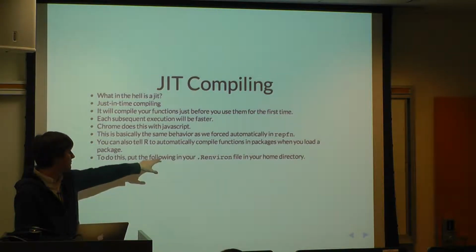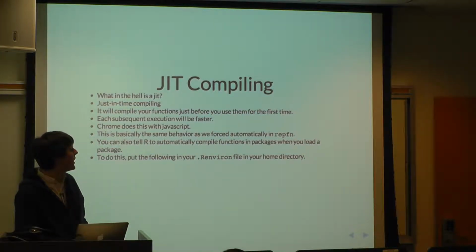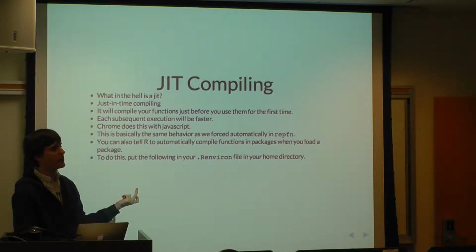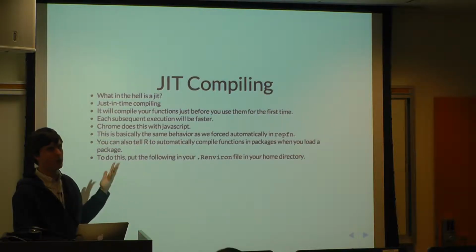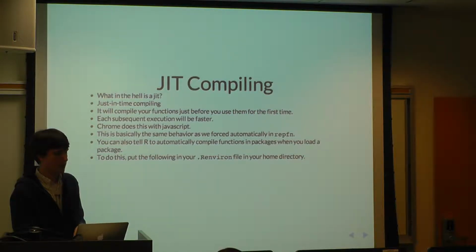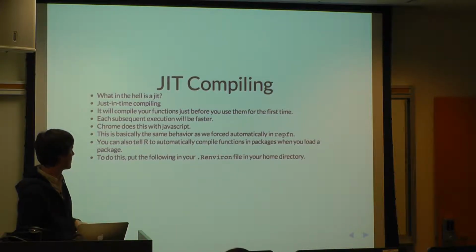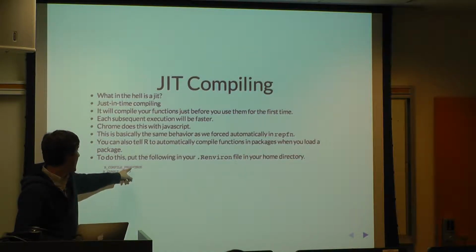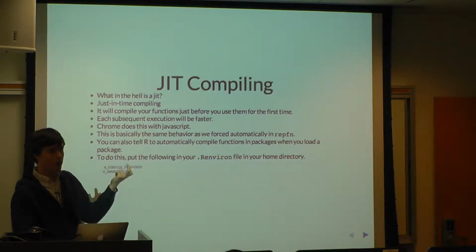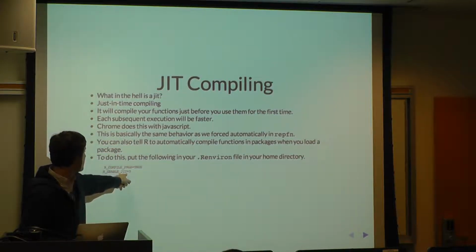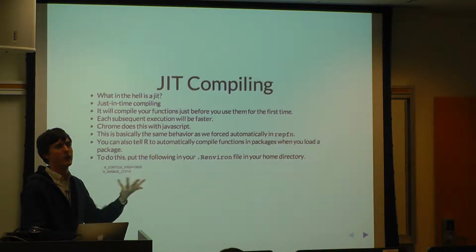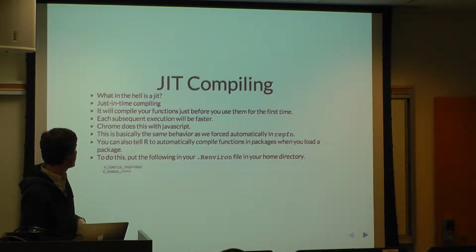You do it in your .Renviron file, which is just sitting in your home directory, the normal home directory for Linux, Unix. I don't know what it is in Windows. It's probably your My Documents folder or something. You put in these two lines, the first being R_COMPILE_PKGS set to true. This will, when you load a package, compile all the functions in the package. Then you can also enable the just-in-time compiler to level 3, which is where they're compiling basically everything.